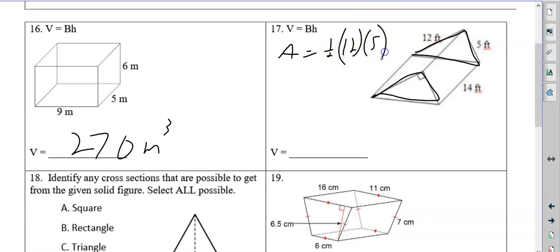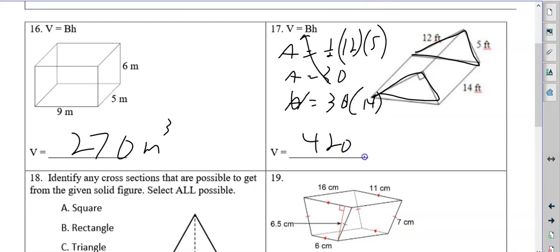So 12 times 5 is 60, half of that is 30. So the area of the triangle, the base, is 30. That's this right here. And then volume of the overall shape is that area of the base times the height. And that's 420 cubic feet.